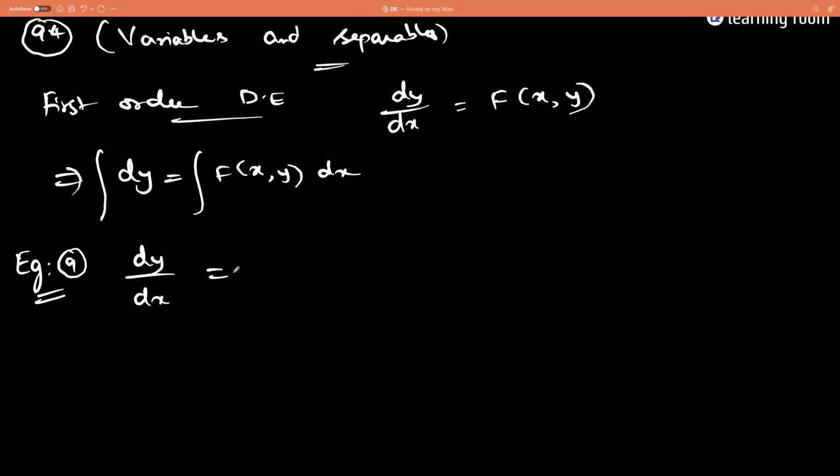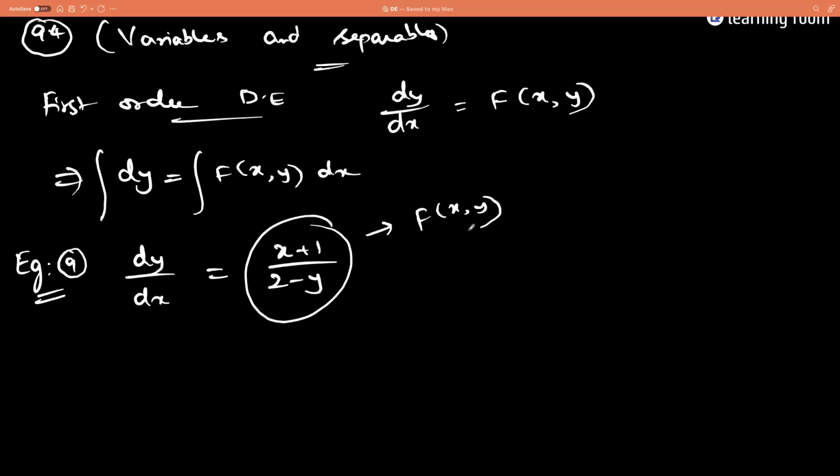So dy by dx is equal to x plus 1 divided by 2 minus y. Okay. So is this not a function of x comma y? Because if you look at the function, you have both x and y. And it is a first order differential equation. Can we separate the variables on either side? Observe, 2 minus y into dy is equal to x plus 1 into dx.